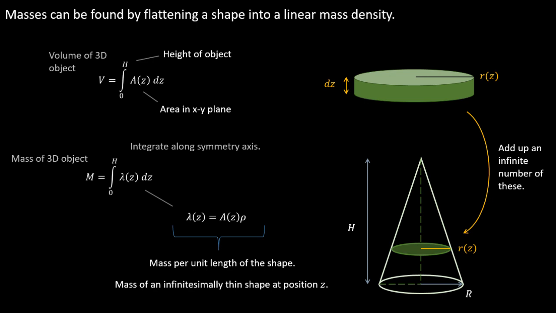So that's where we're going, right? So to find this lambda z, we multiply A of z times rho, right? The area of this circle times the mass density, and we can go on. Now, there are other ways we could construct linear mass density.